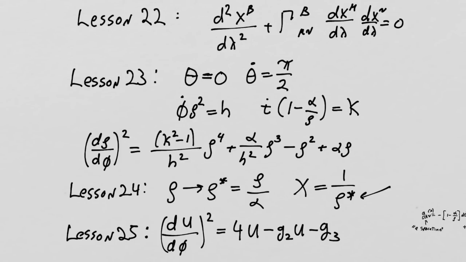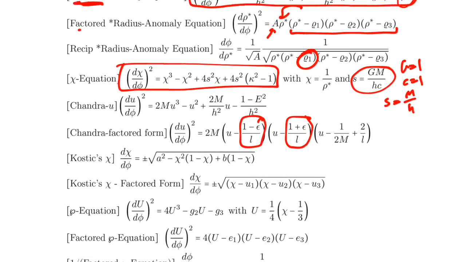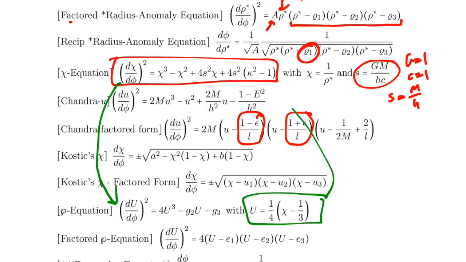So in lesson 25, we took the result of lesson 24, which was this equation here, and we worked to turn that into this equation here. And we used this substitution. That substitution applied to this equation gave us this equation.